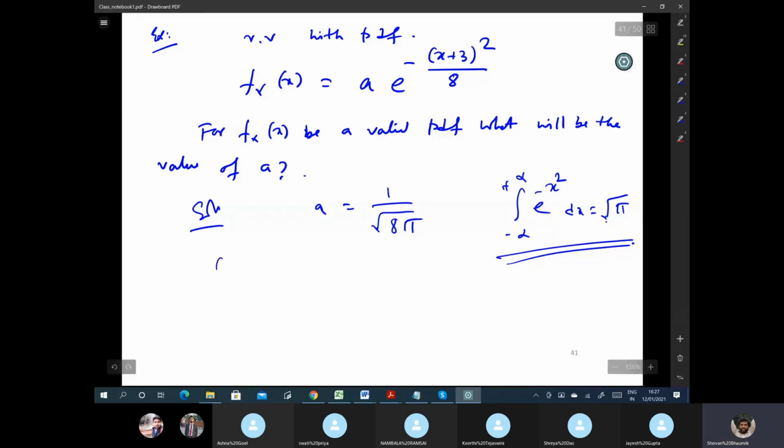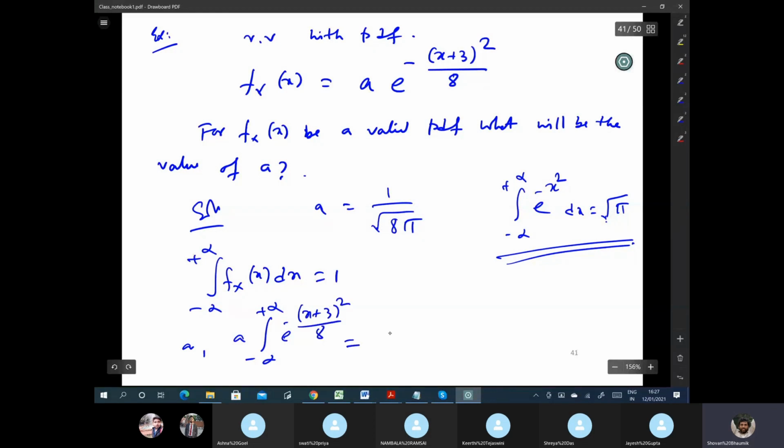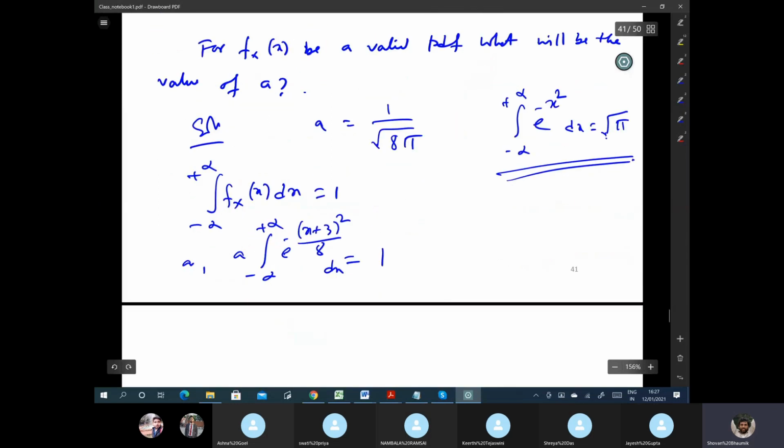So basically, the solution will be the integral from minus infinity to plus infinity of f of x dx equal to 1, or a times the integral from minus infinity to plus infinity of e to the power minus (x plus 3) whole square by 8 dx equal to 1, and this we have to solve to get a, right?